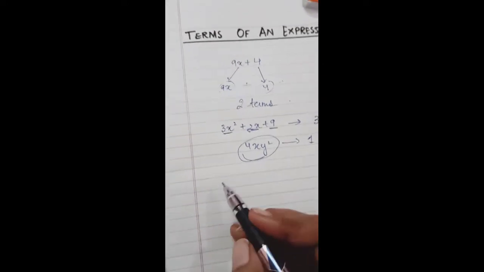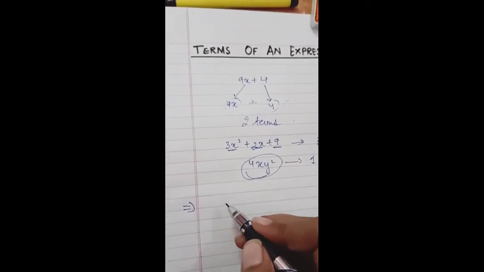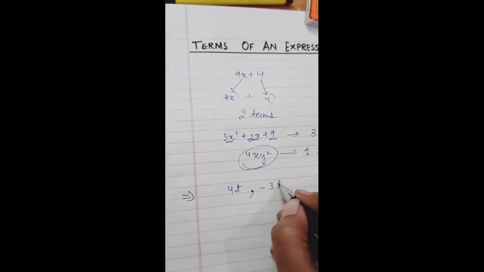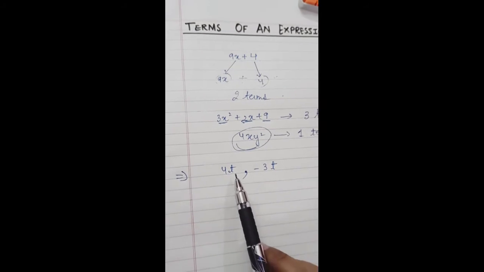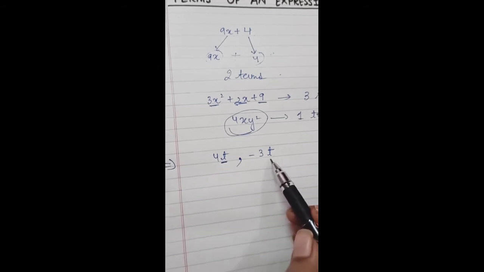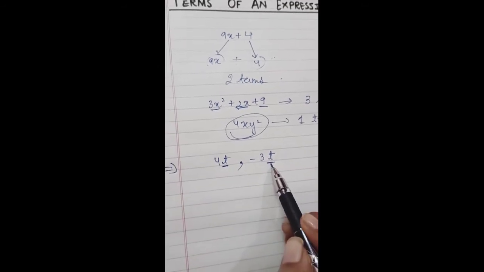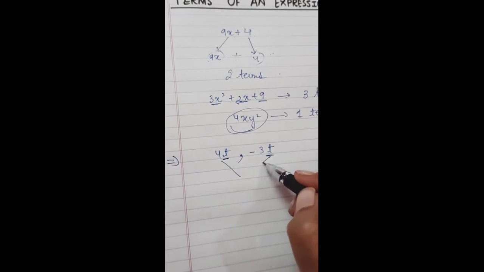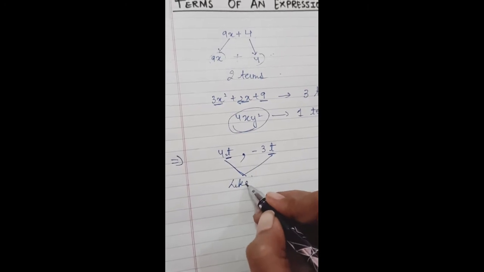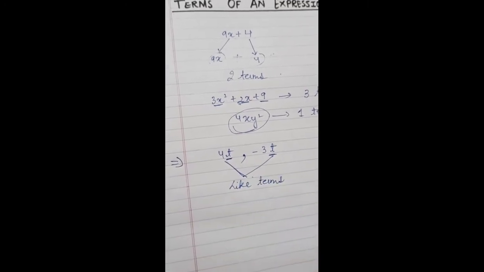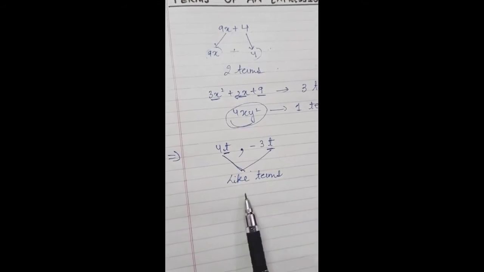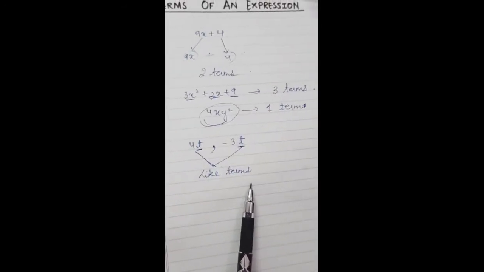Now look at this. Suppose we have 4t and minus 3t. Here you can see that in this term the variable is t, and here also the variable is t. So we call these terms like terms. When terms have the same algebraic parts, they are called like terms.